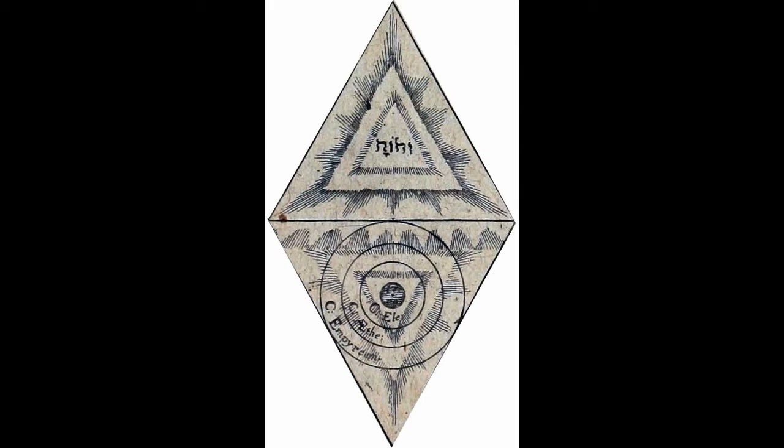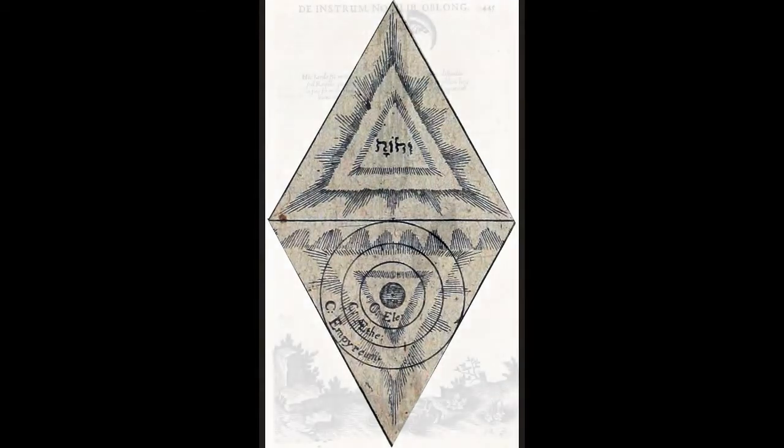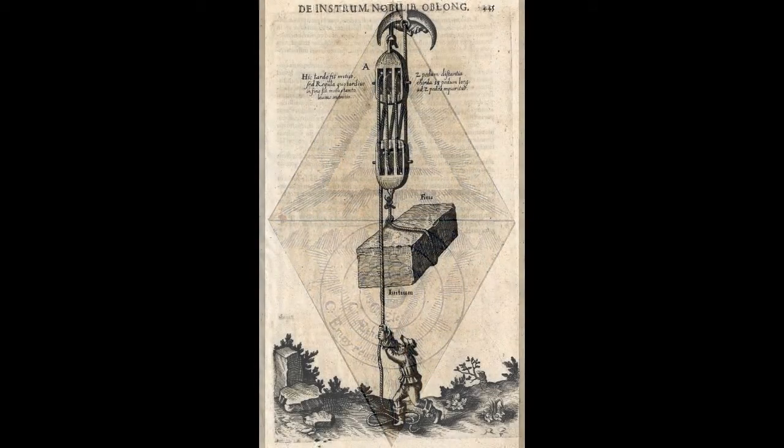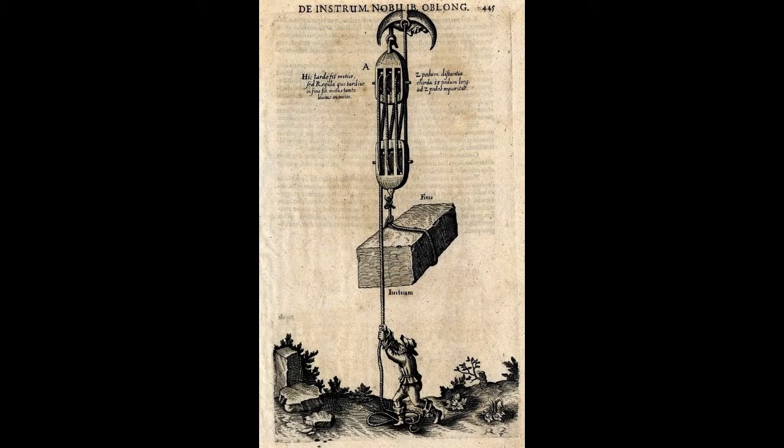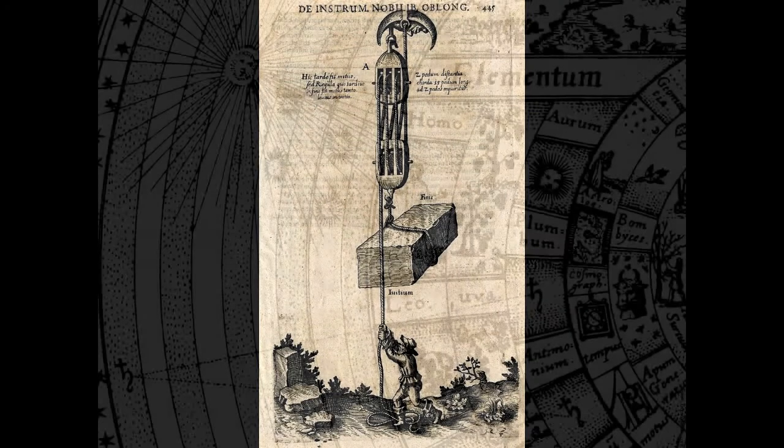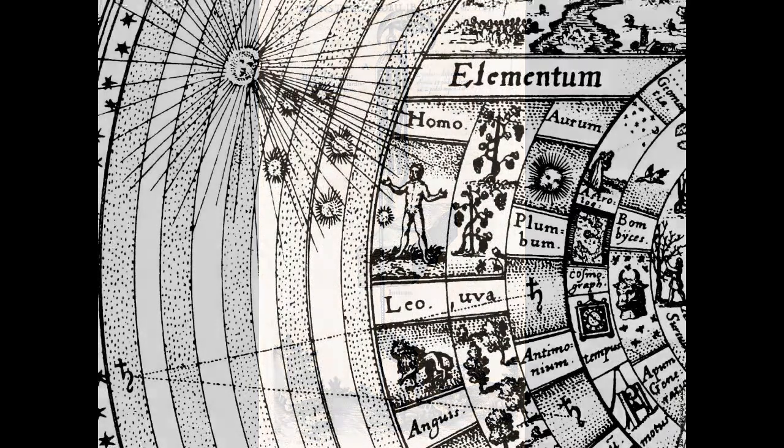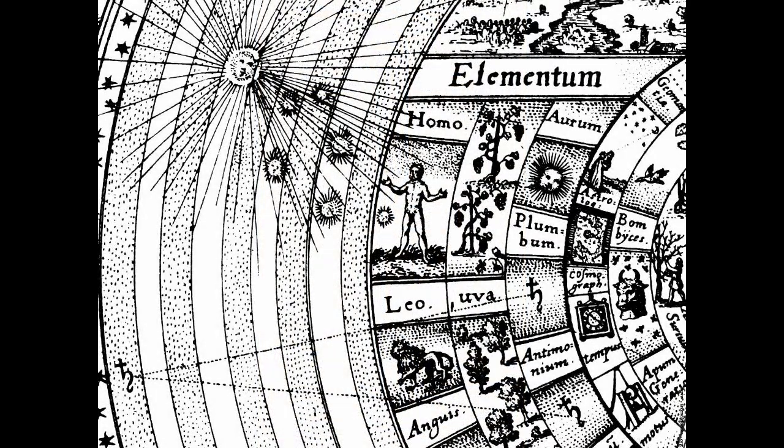But the difference with the Hermetic principle is that no one school is separate from the other. They all bleed into one another. I love this one because he's using the block and tackle. One man is lifting a huge amount of weight, mechanical advantage, well known 2,000 years at least before him.